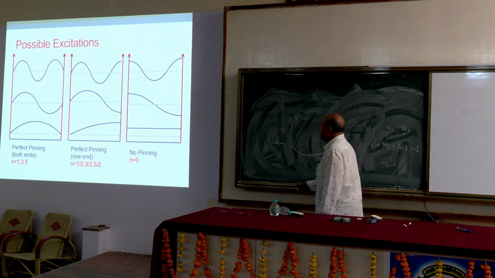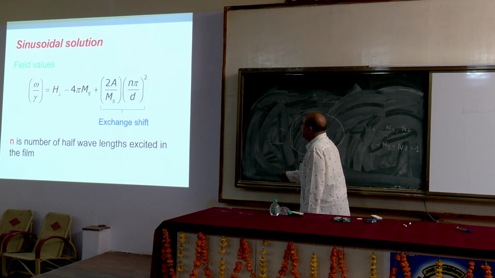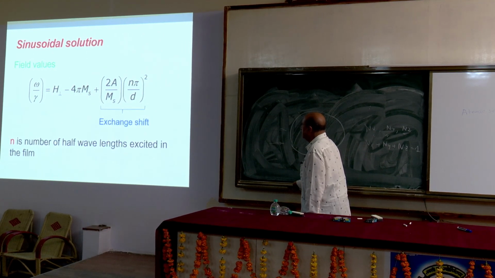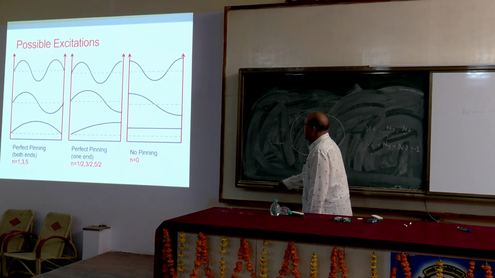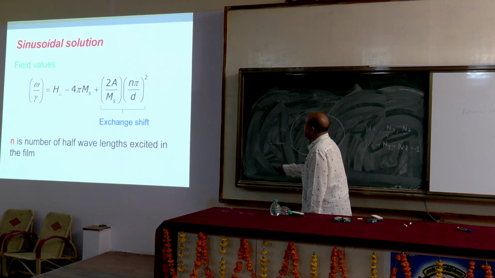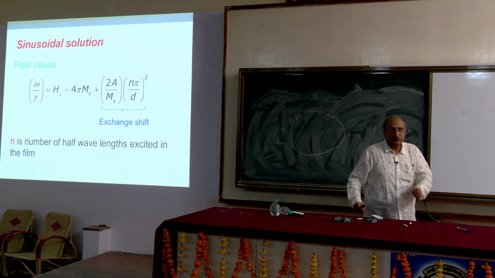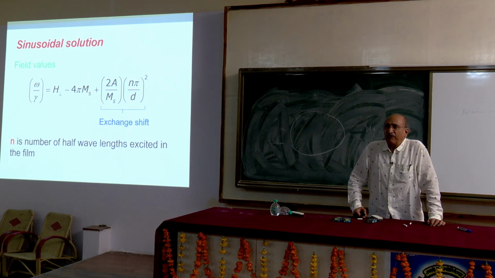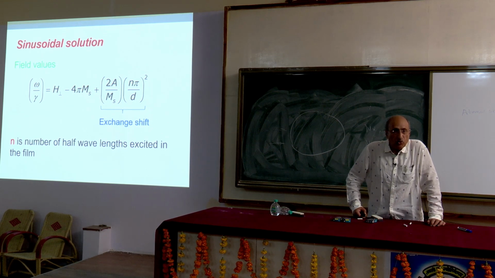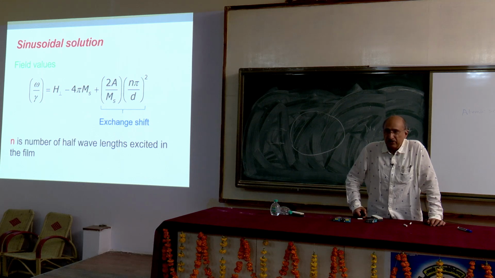Now you can see from this that because of these n values which are coming in, this field depends on n square. So if I am able to observe various types of modes, they will show you an n square dependence.